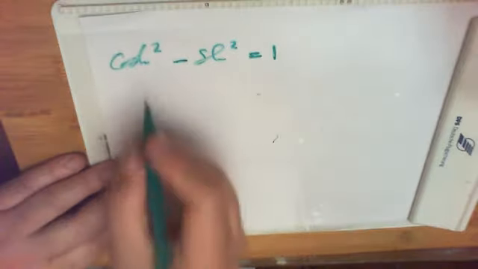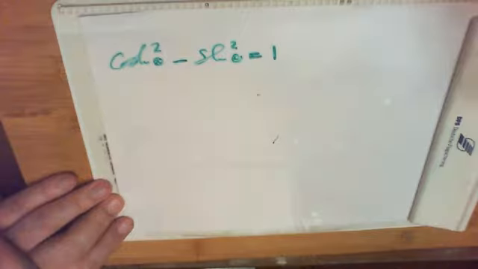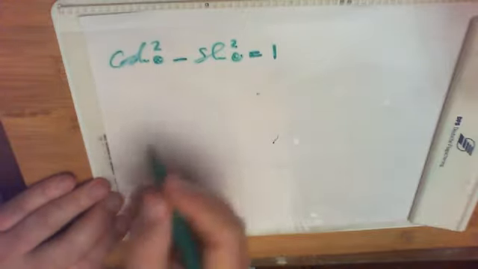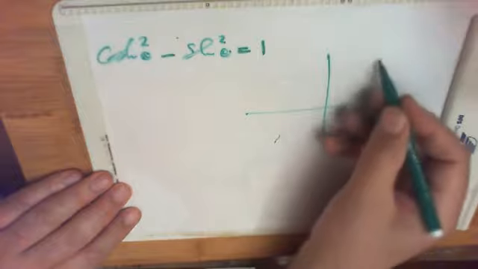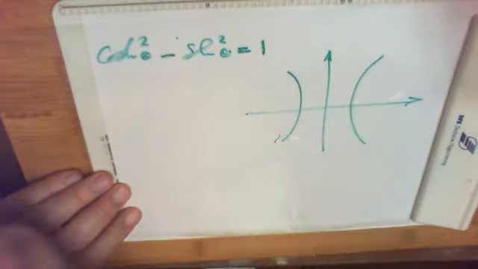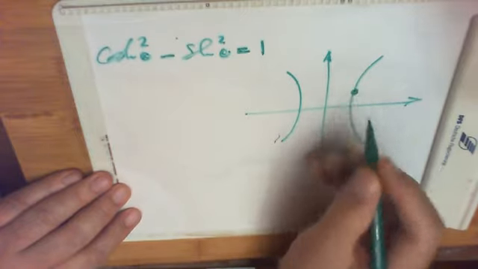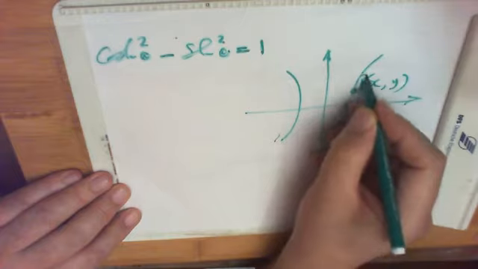You remember? For any argument, whatever this argument. So we can define any point on that hyperbola by cosine and sine. Here, x, y is any point on the hyperbola.